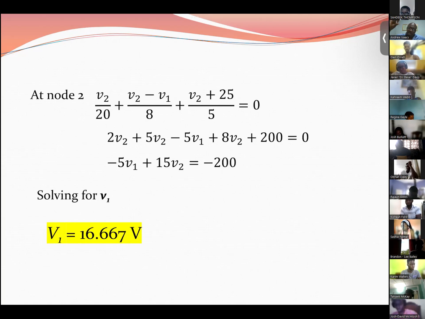Good? Which would be the voltage across the 6 ohm and the 35 ohm resistor. Are you clear with that? All right, so there's no need to find V2. So V1 is equal to Thevenin.